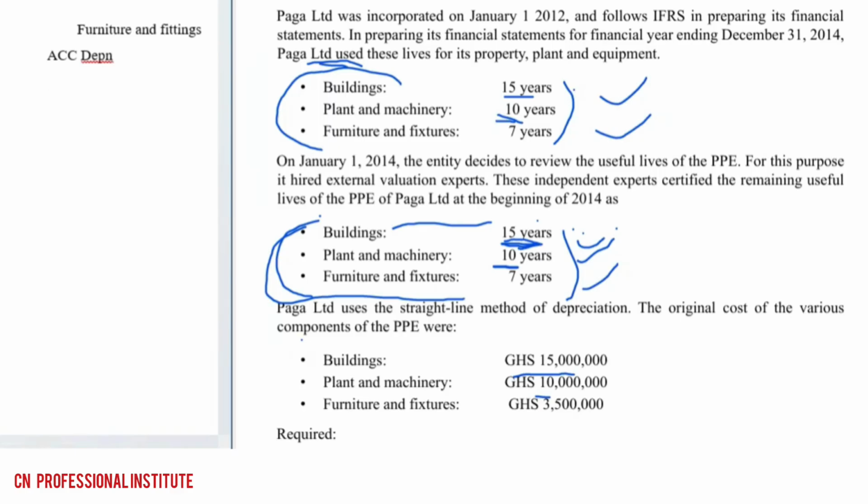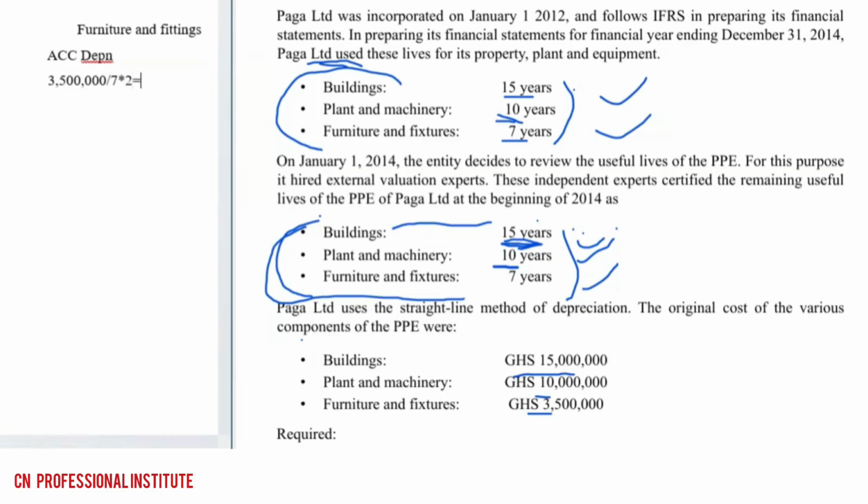Furniture and fittings, the cost is 3,500,000 here. So we pick the cost 3,500,000. Then we divide by the total life here, 7 years. So we divide by 7, and we have to multiply by 2 because we are doing for 2012 and 2013.